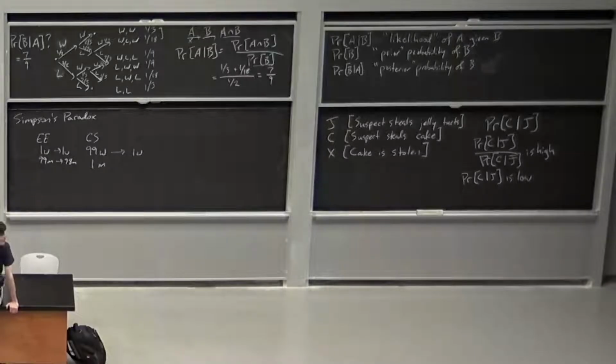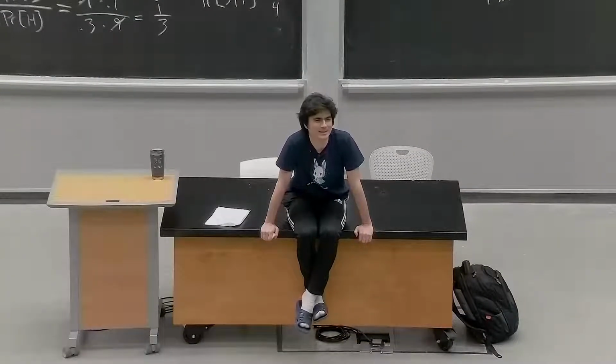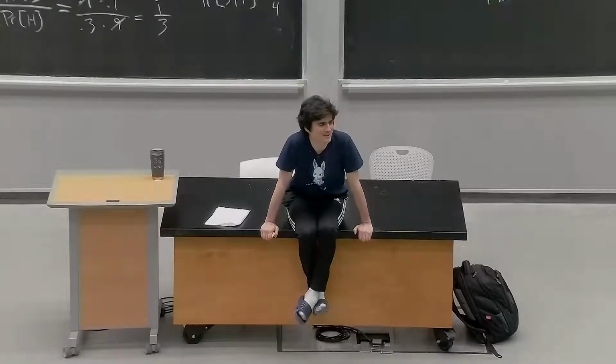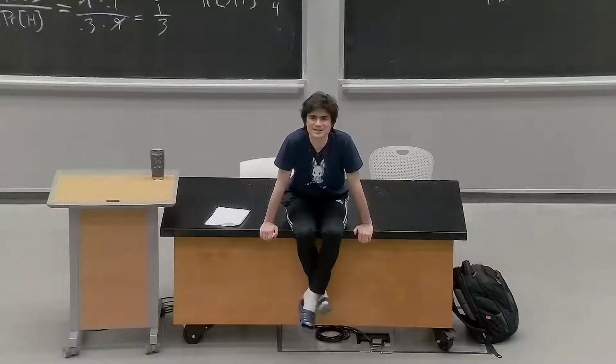Probability of C given J is 1 in 2,500. Probability of C given not J is 1 in 25,000, right? So that's where you're getting this factor of 10. So you agree with the defense that this should not be admitted into evidence, okay? Does anybody have any counterclaims?